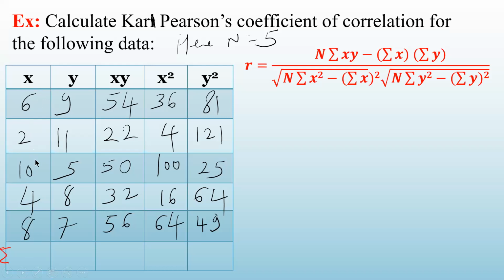Summation of x values: 6 plus 2 plus 10 plus 4 plus 8 gives us 30. So summation of x values is equal to 30. Summation of y values: 9 plus 11 plus 5 plus 8 plus 7. How much? You will get 40.